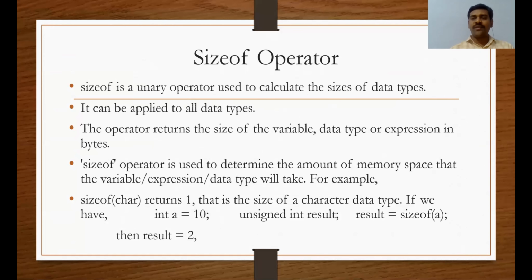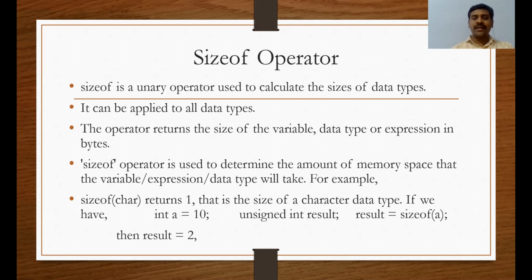For what types of data types can I apply the sizeof operator? You can apply the sizeof operator for all types of data types. What is the return value of that operator?